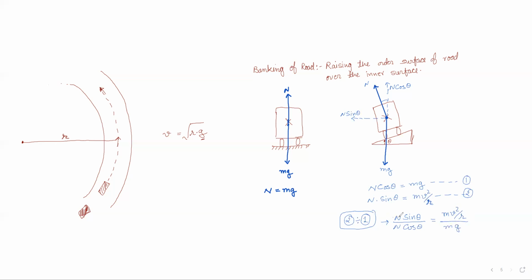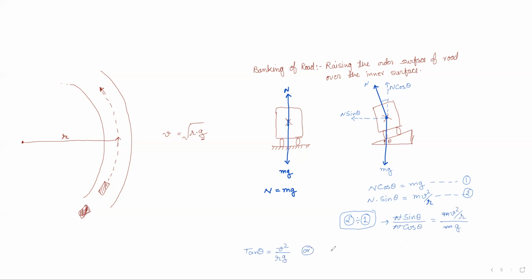Cancelling out the common terms, we get the equation tan theta is equal to v square divided by rg.